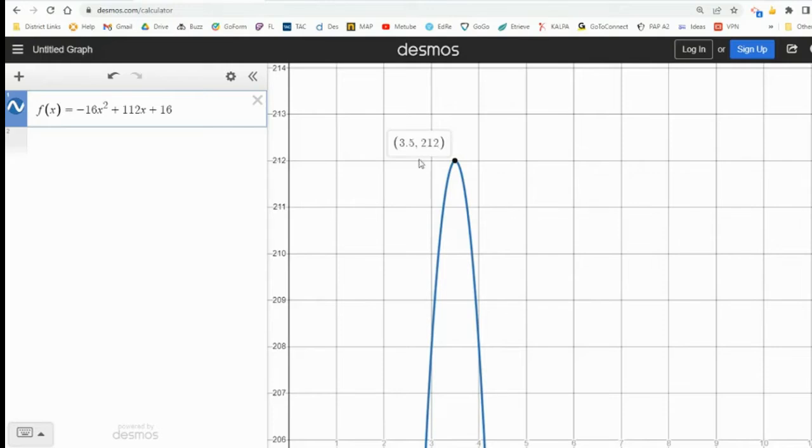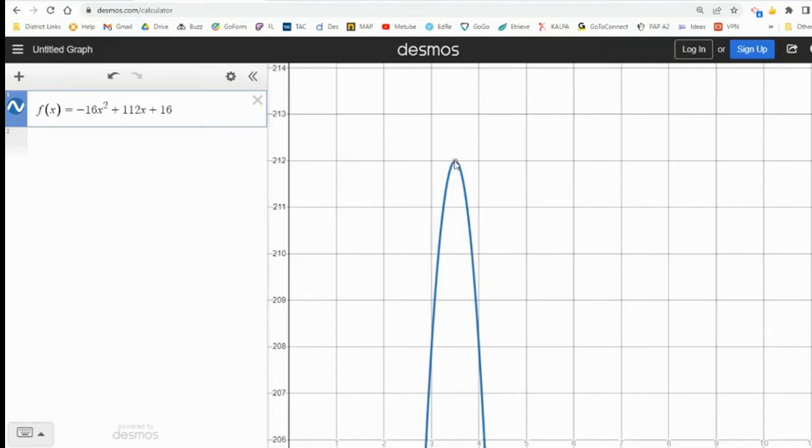So if I have it in vertex form, this is easy. It takes 3.5 seconds because at 3.5, the value is 212. So I'm just trying to find the vertex of the equation. And then from the vertex, I know at 3.5 seconds, it's 212 feet high, or meters high, whatever they're using in the problem.